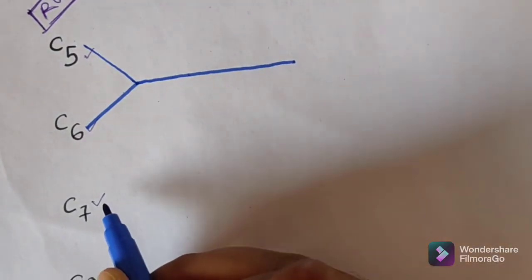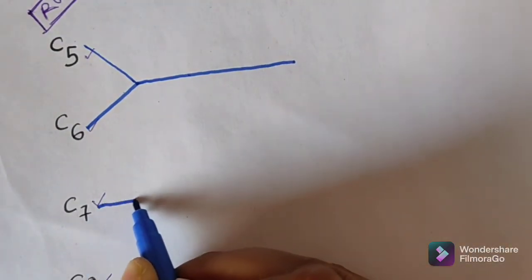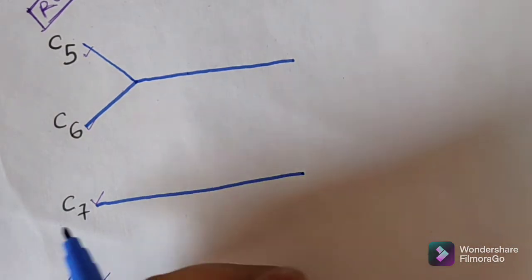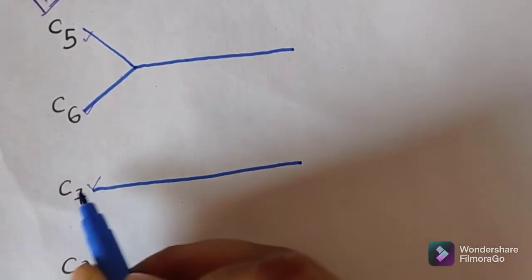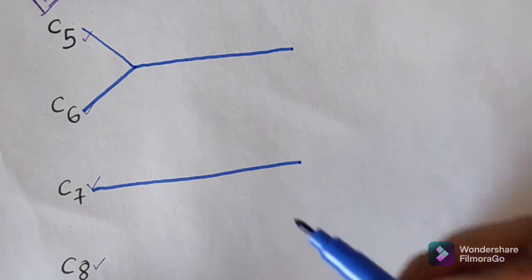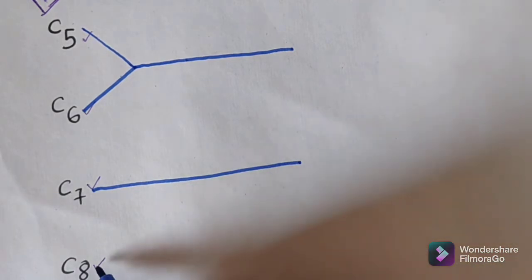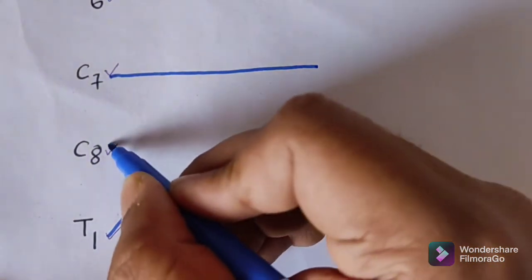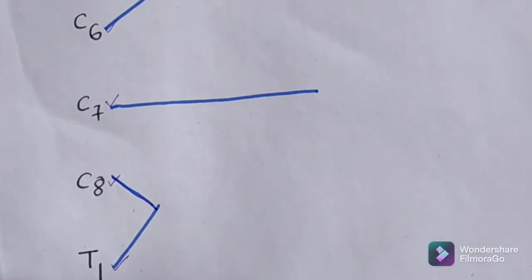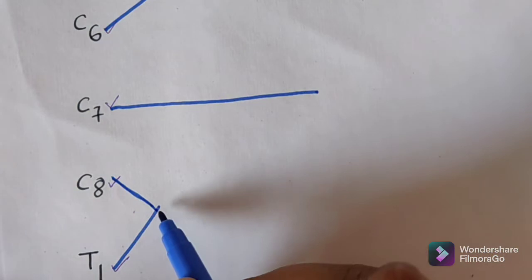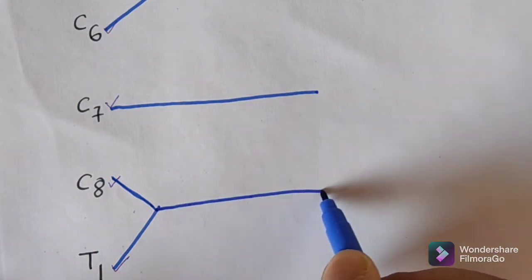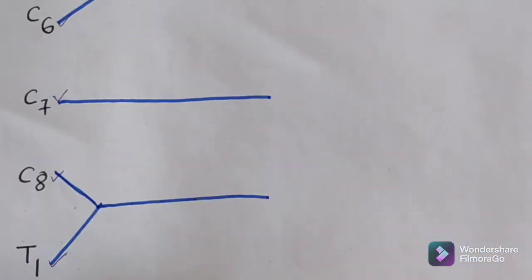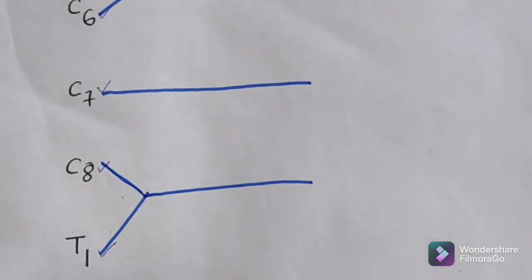C7 alone will form the middle trunk, and C8 and T1 spinal roots will form the lower trunk of the brachial plexus.